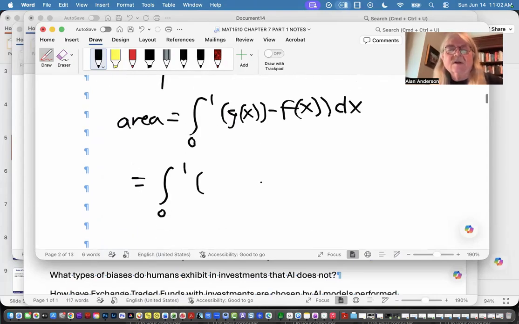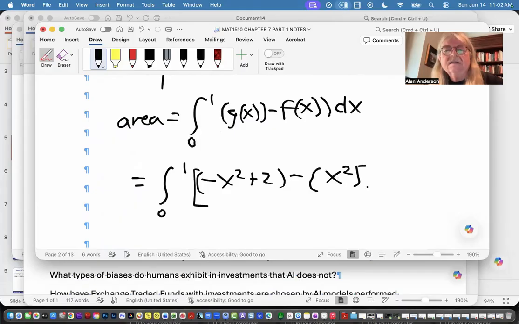So we have negative x squared plus 2 minus x squared dx. Okay.